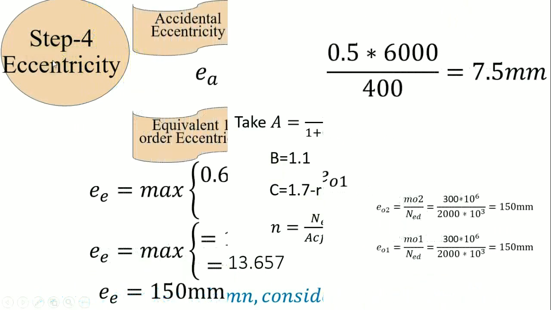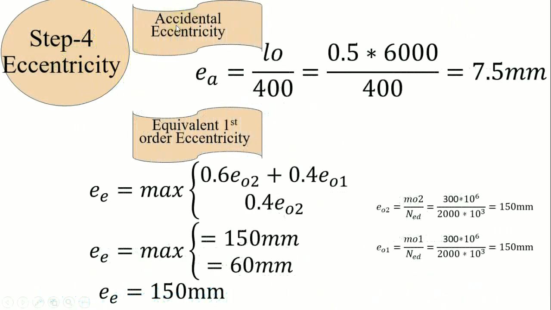The fourth one is eccentricity. We have three types of eccentricity for a slender column. The first one is accidental eccentricity. It is due to imperfection or low workmanship, which is equal to ea equals L naught over 400. Our L naught is 0.5 times L, over 400, which is equal to 7.5 mm.